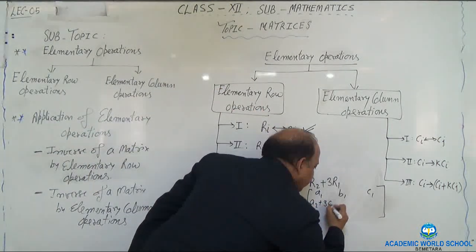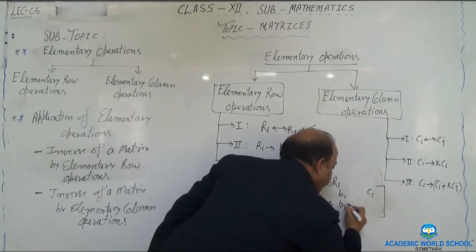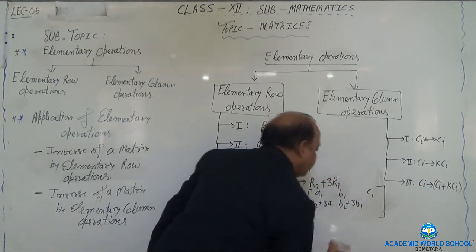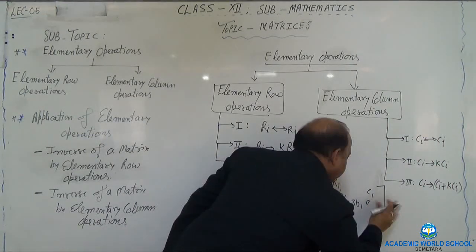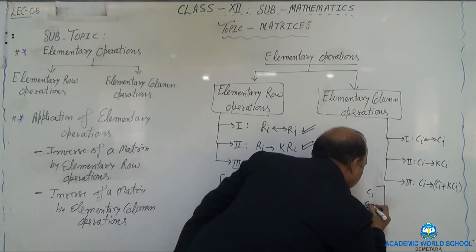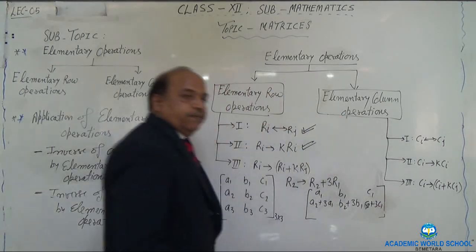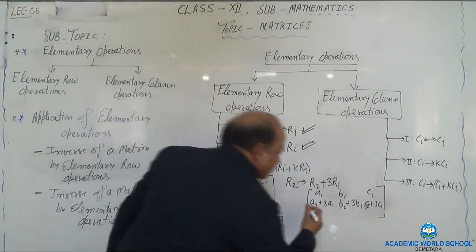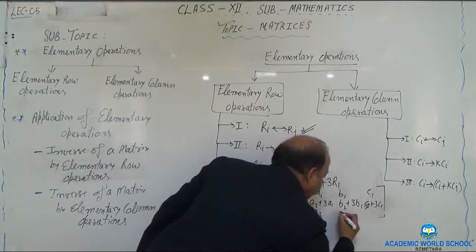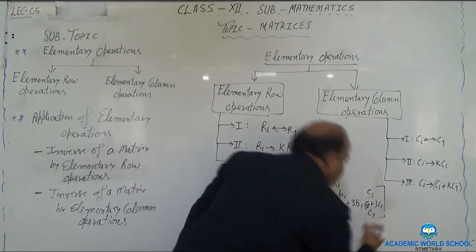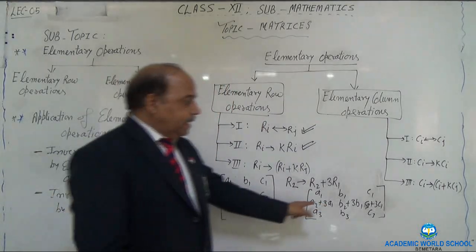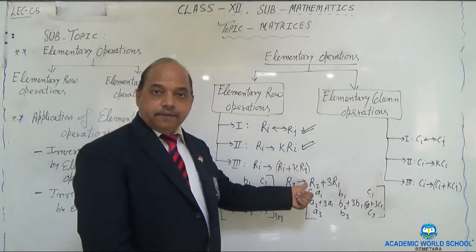A2 plus 3 times A1, B2 plus 3 times B1, and C2 plus 3 times C1. And then the last row will remain as it is because we are not making any change in that. Please see that. This is your third operation.